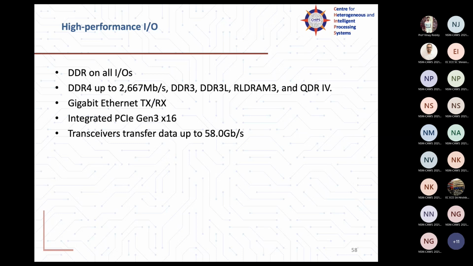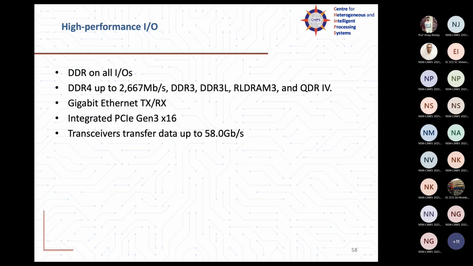Okay, so different kinds of IOs that are feasible are interfaces to memory, standard interfaces, gigabit Ethernet, etc. You can configure them according to your requirements. So these are not fixed. You can fix them as per the application where the FPGA is being deployed.